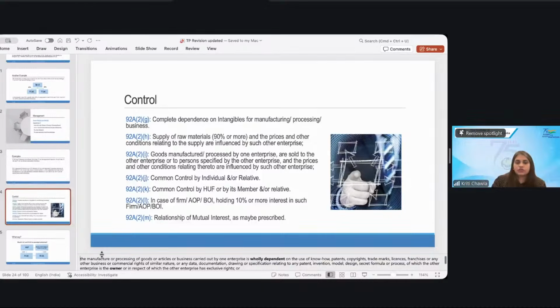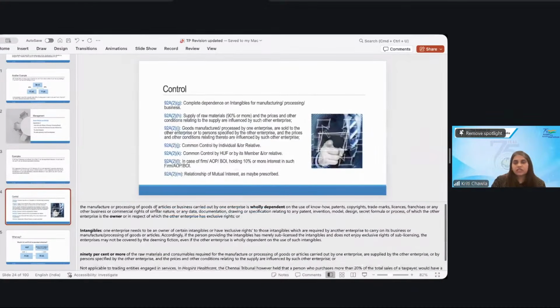It says the manufacture or processing of goods or articles or business carried out by one enterprise is wholly dependent on the use of know-how, patents, copyrights, trademarks, licenses, franchises, or any other business or commercial rights of similar nature, or any data documentation, drawing, or specification relating to any patent, invention, model, design, secret formula, or process of which the other enterprise is the owner, in respect of which the other enterprise has exclusive rights.